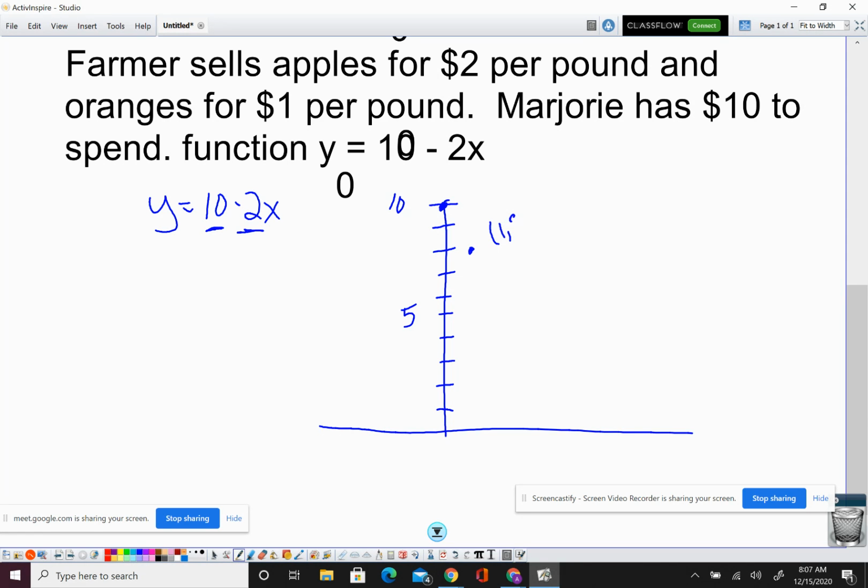So this would be the point (1, 8). Down 2 units and over 1, I get (2, 6). Down 2 units and over 1, (3, 4). Down 2 units and over 1, (4, 2). And down 2 units and over 1, I get about (5, 0).